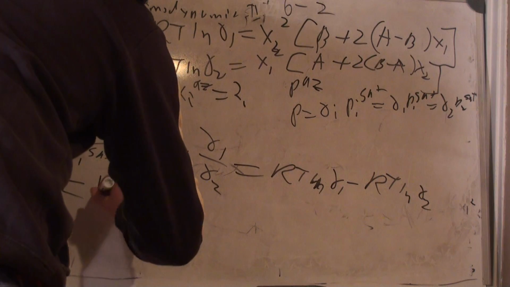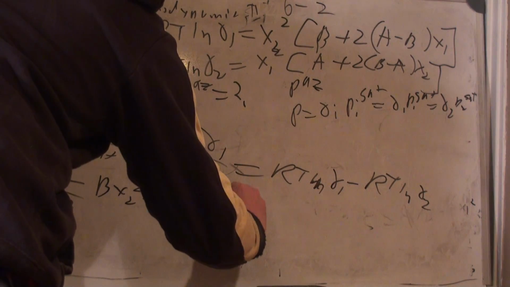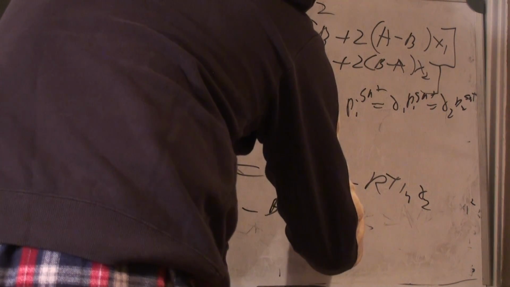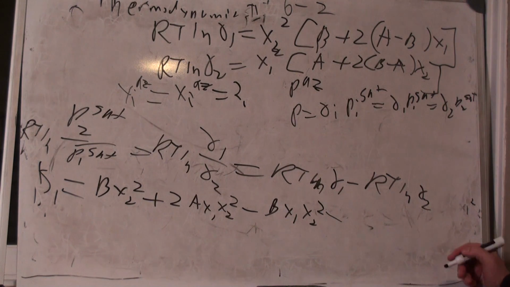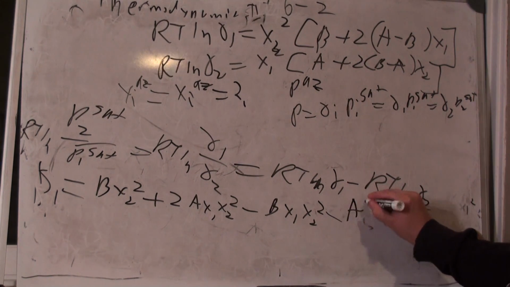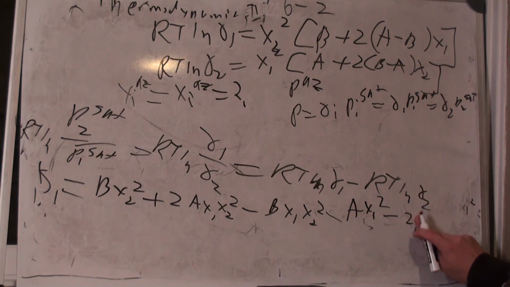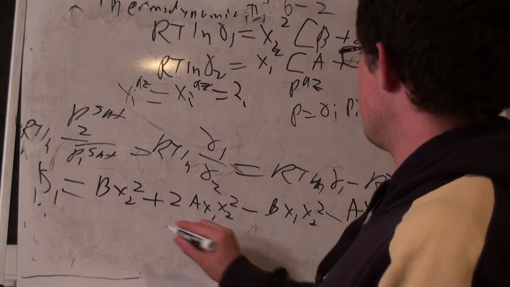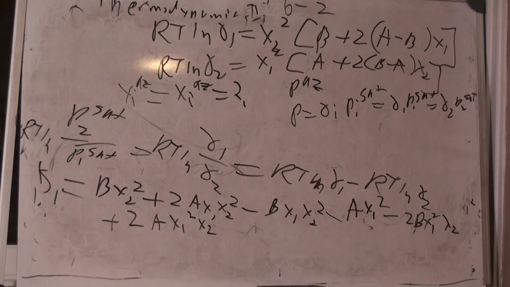So we have b x2 squared plus 2a x1 x2 squared minus b x1 x2 squared, minus everything there, so minus a x1 squared minus 2b x1 squared x2, plus 2a x1 squared x2.